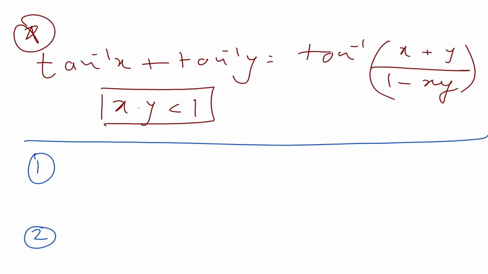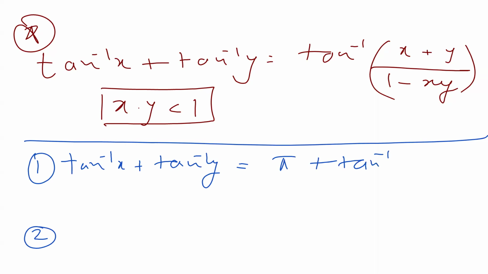So the above formula can be written in some other format also depending upon the values of x and y. The first special case: tan inverse of x plus tan inverse of y is equal to pi plus tan inverse of (x plus y) upon (1 minus xy).